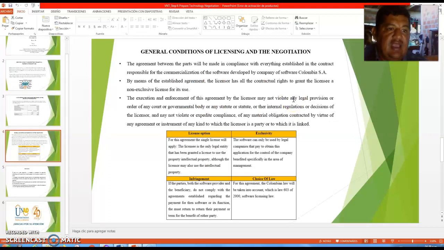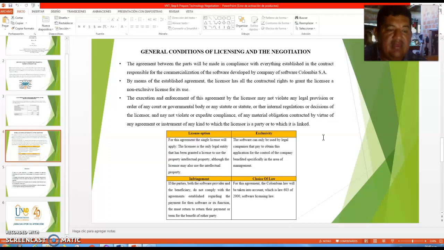execution and enforcement of this agreement by the licensor may not violate a legal provision or order of a court or governing body, or any statute or internal regulation or decision of the licensor.